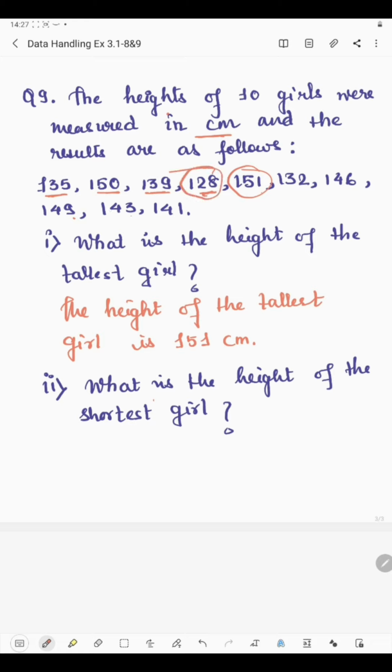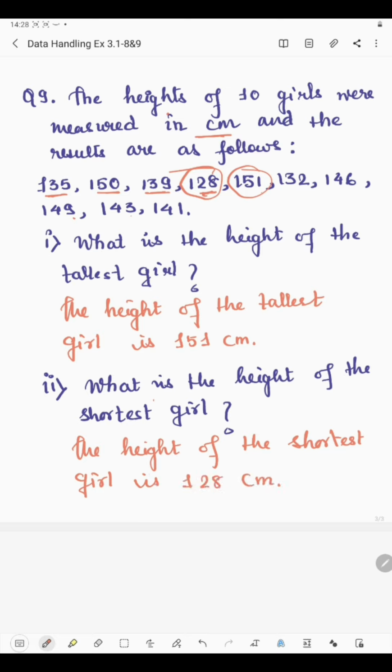So 128 is the smallest value. So the height of the shortest girl is 128 centimeters.